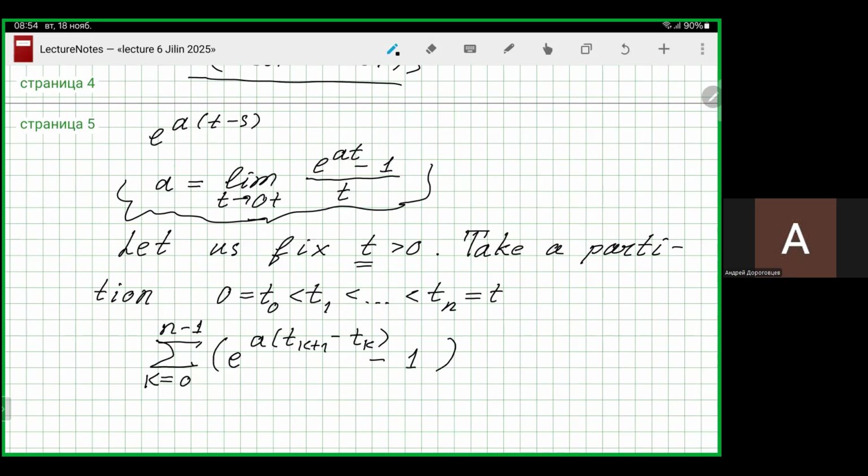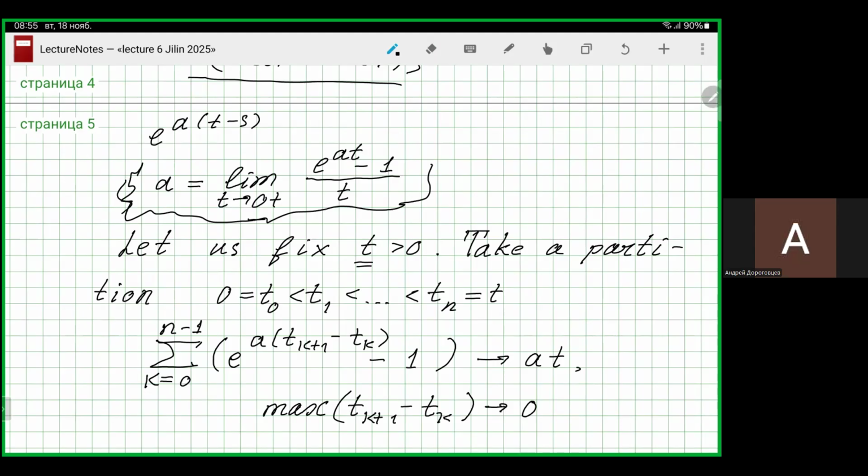Now, let it be an exercise for you. Please prove that it tends to aT when the maximum diameter of our partition, the maximum of t_{k+1} minus t_k, tends to 0. Please check this. It is not too hard using this useful limit.